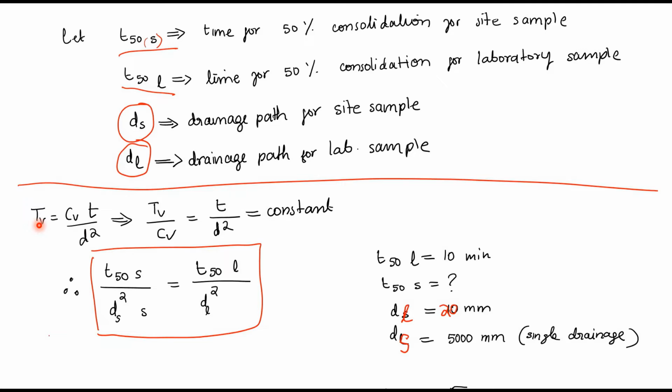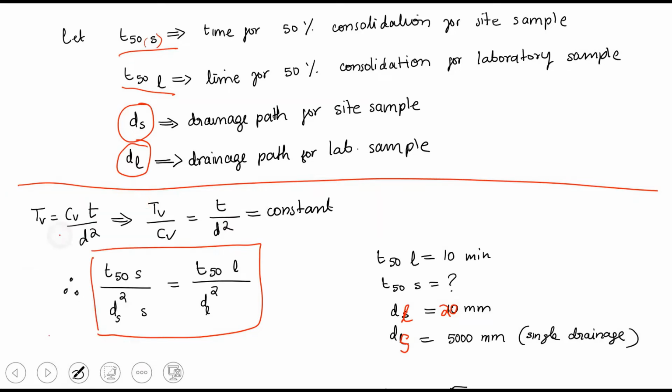Okay, so in this question, for 50% consolidation, Tv is the time factor required for 50% consolidation. Cv, the coefficient of consolidation, is also the same since we have the same sample. So same sample means Cv will be the same. Now what is t? t is the time required for 50% consolidation and D is the drainage path.